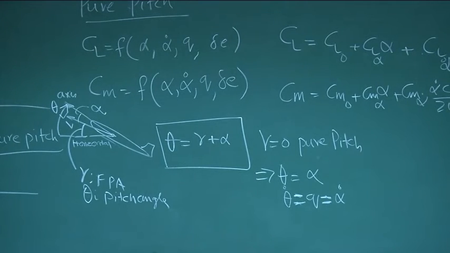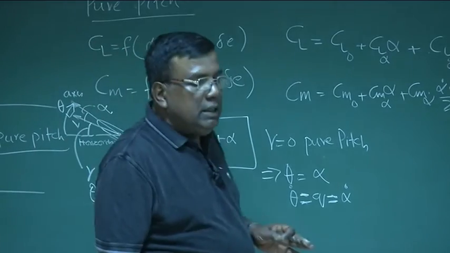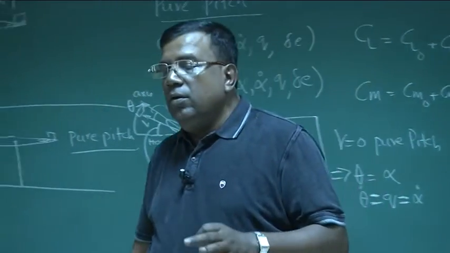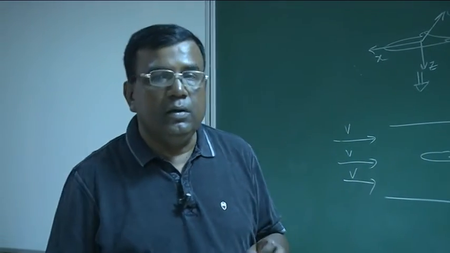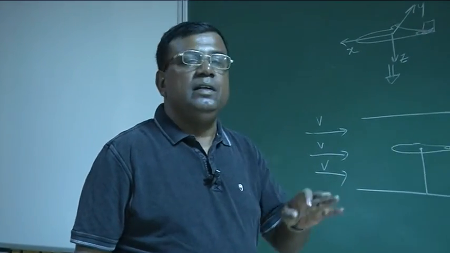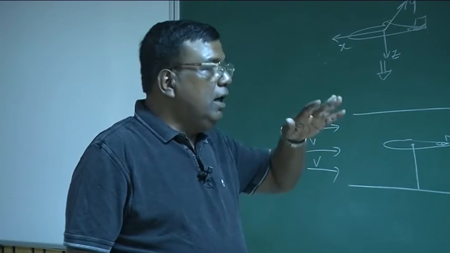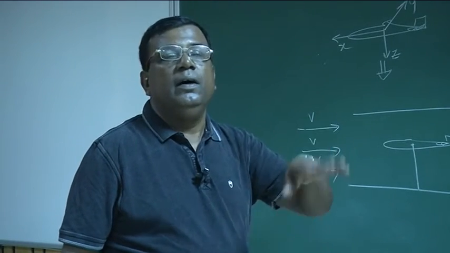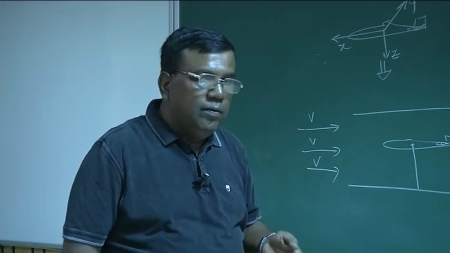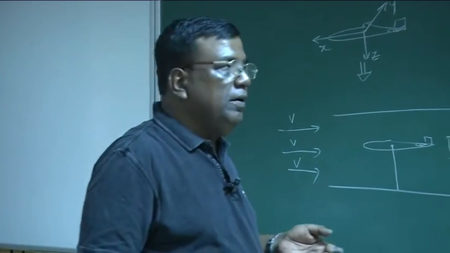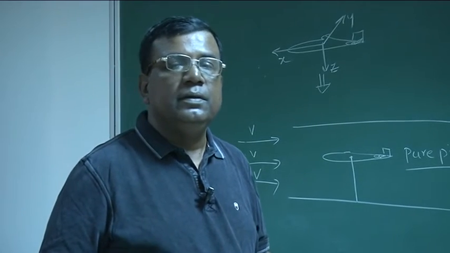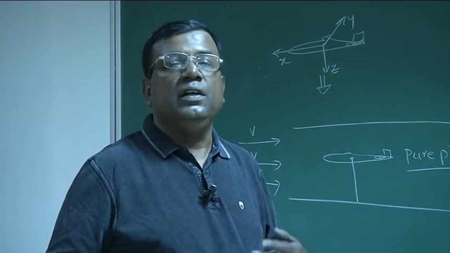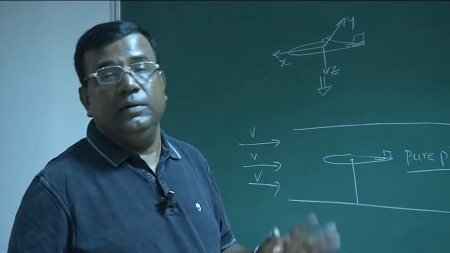So the motion we are trying to study is this: if I disturb an aircraft model in a tunnel, if I give it an elevator deflection and see how theta or alpha varies, and from that response we would like to find out the natural frequency of this motion as well as the damping the aircraft has.